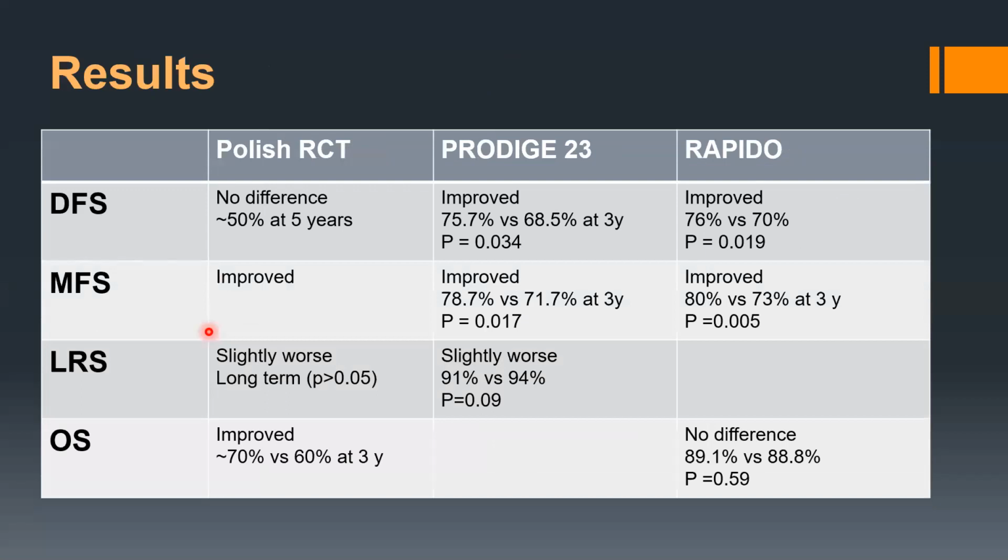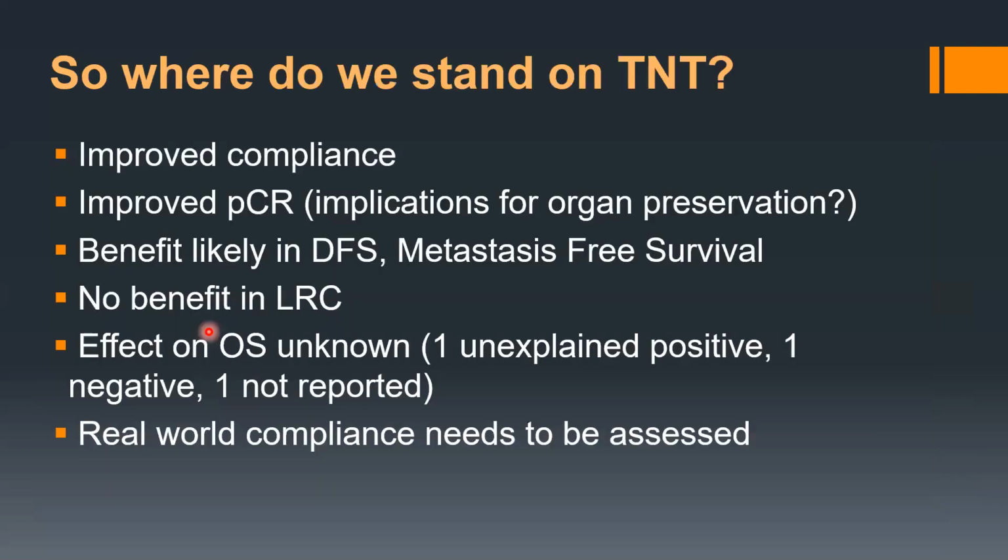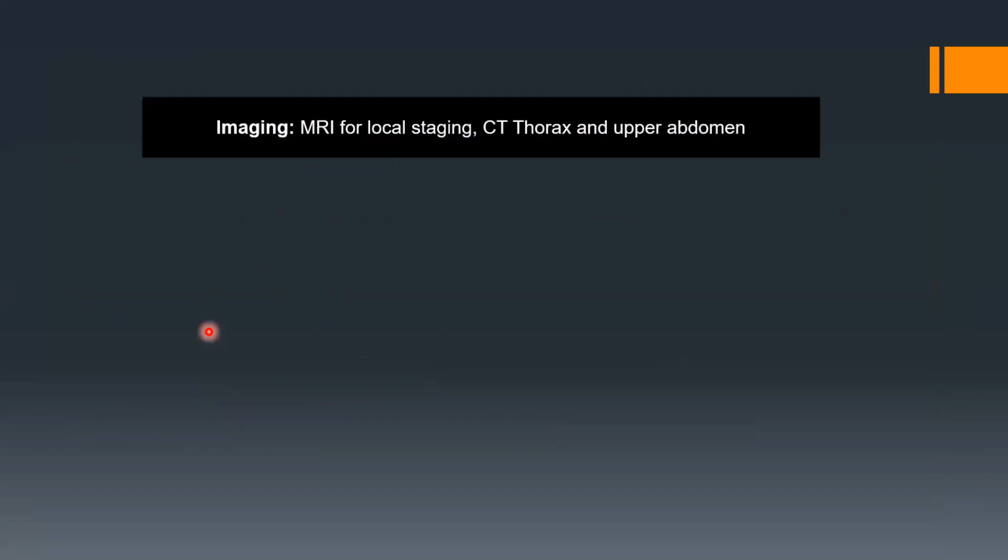What they showed overall was that there was a benefit in disease-free survival and metastasis-free survival by bringing up the chemotherapy before the surgery. But the difference in overall survival has not been demonstrated across the board. And there was a slight worsening of loco-regional control with putting the chemotherapy in the middle. So this is what I just mentioned to you.